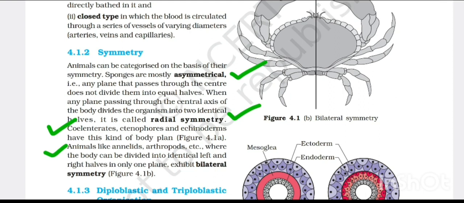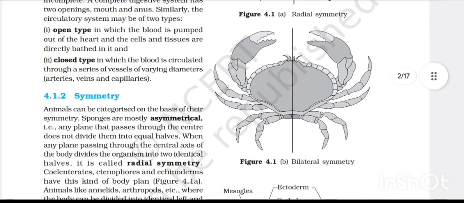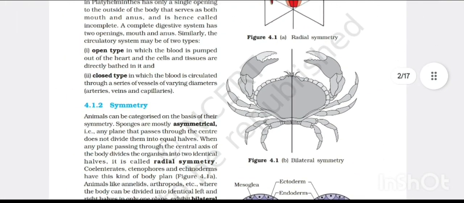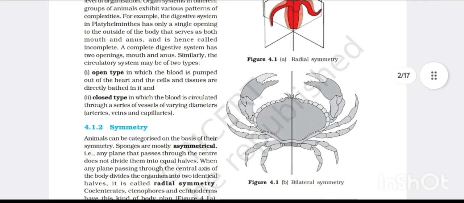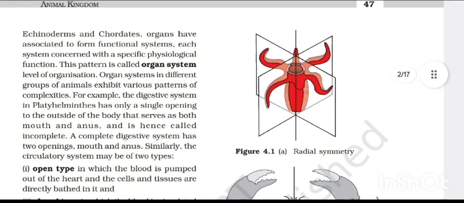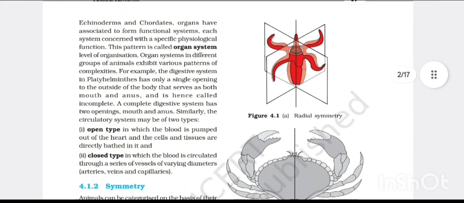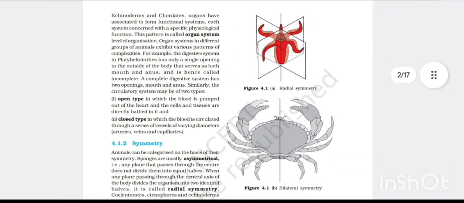Animals like annelids and arthropods, where the body can be divided into identical left and right halves in only one plane, exhibit bilateral symmetry. In radial symmetry, we can divide the body into two equal halves from any plane.